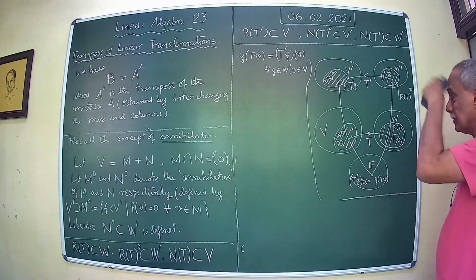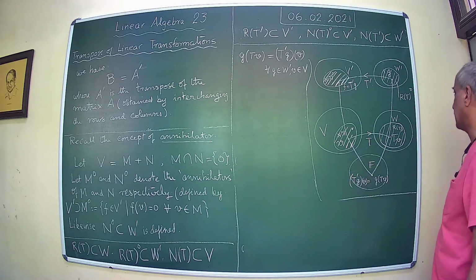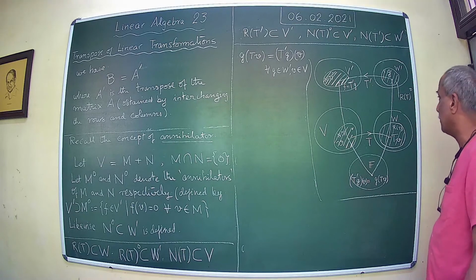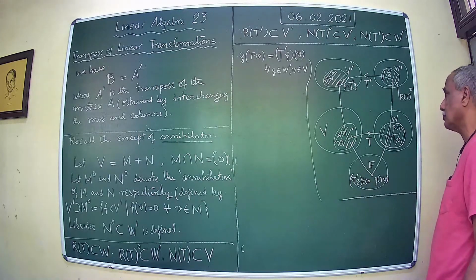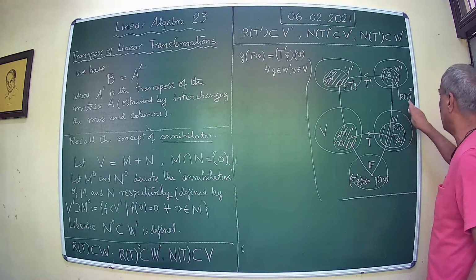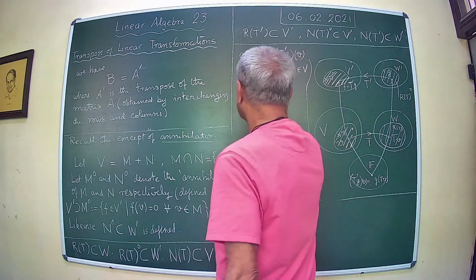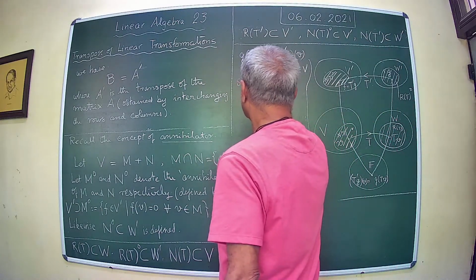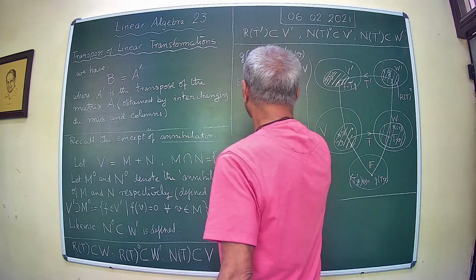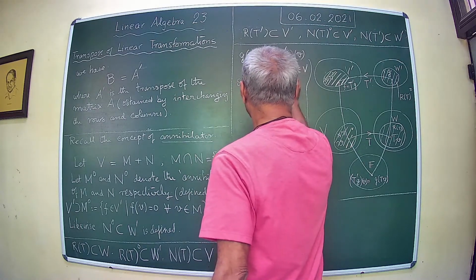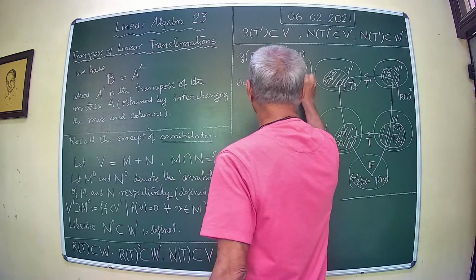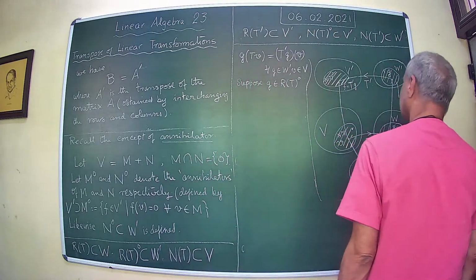Okay. Now let us observe the following. Suppose g belongs to the annihilator of the range of T, then what happens?